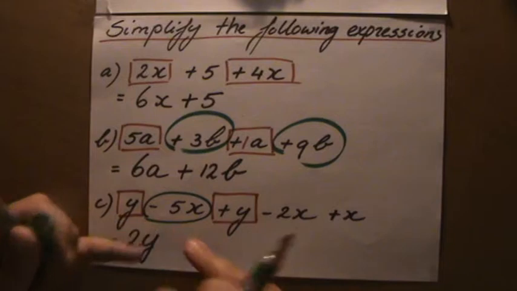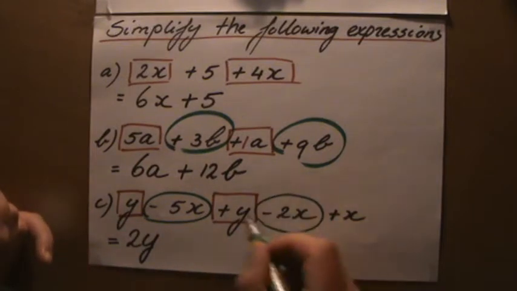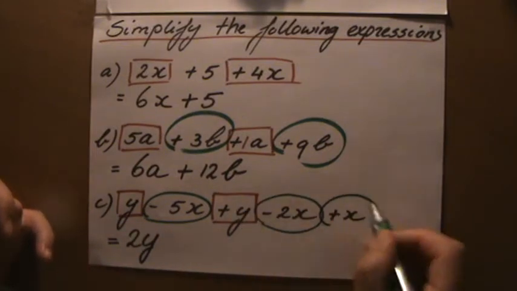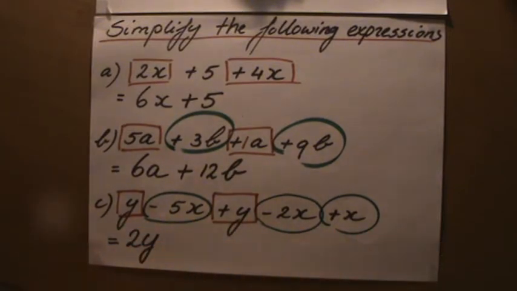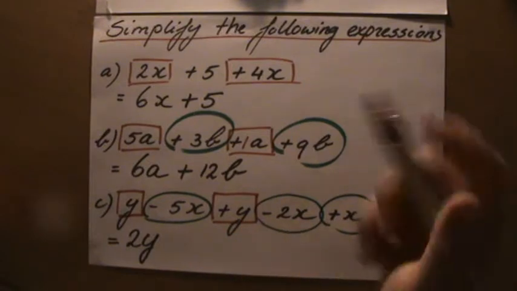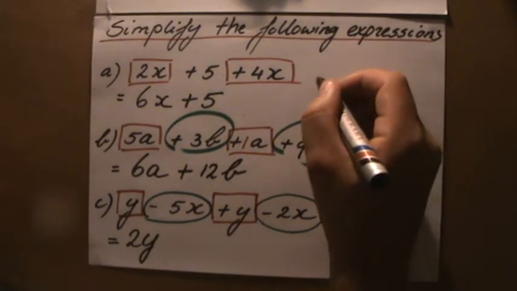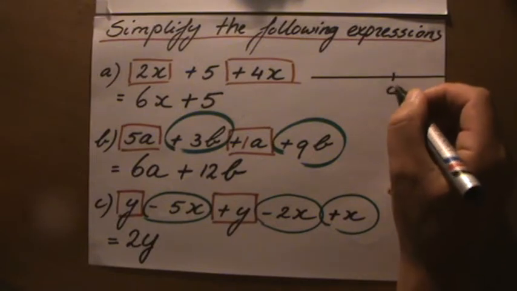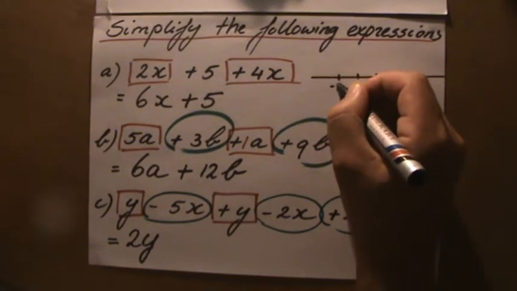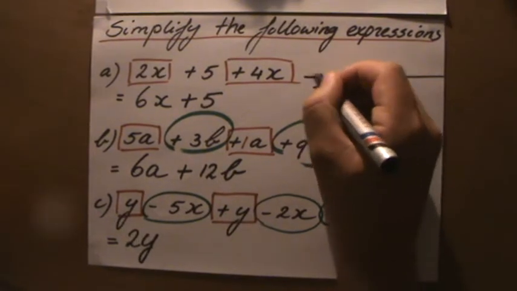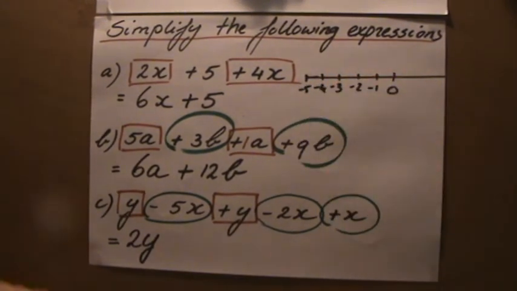Minus 5x minus 2x plus x. I have three terms that are like, which I can simplify. Now minus 5x minus 2x. Perhaps if I quickly sketch a number line here, let's say that's 0, so that's minus 1, minus 2, minus 3, minus 4, minus 5.